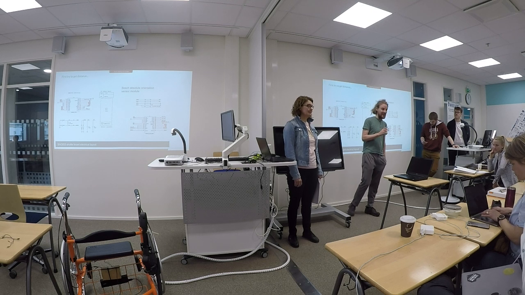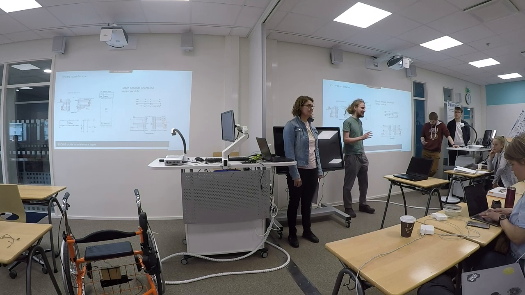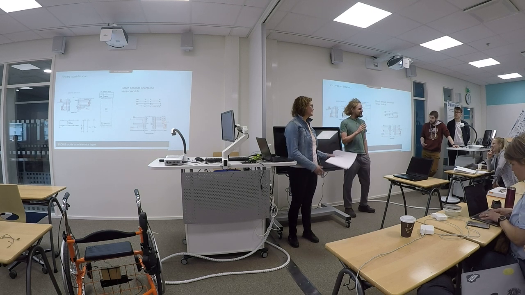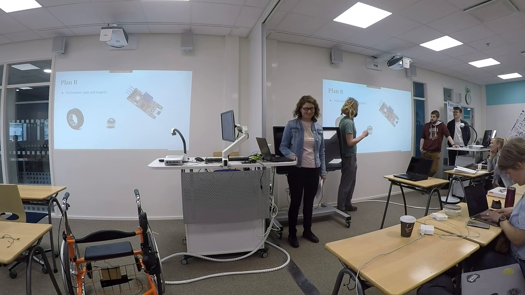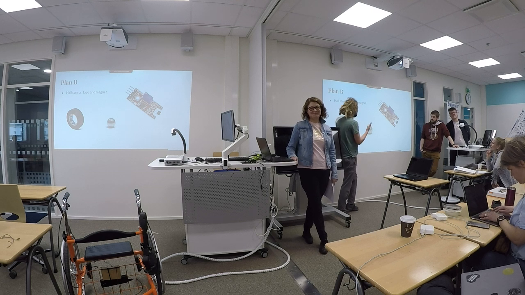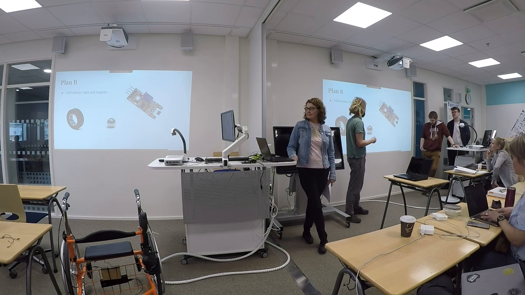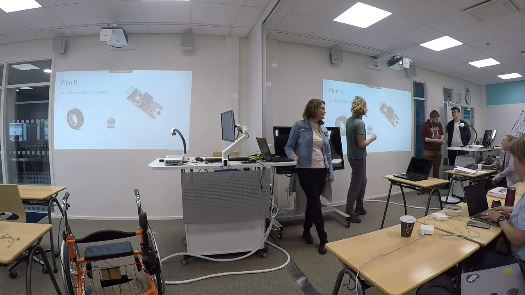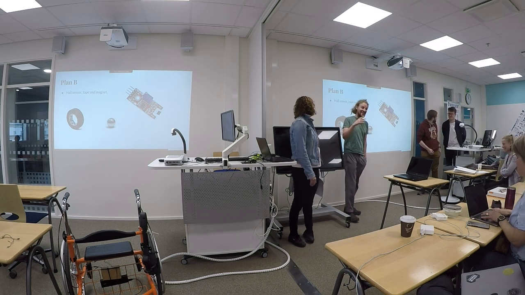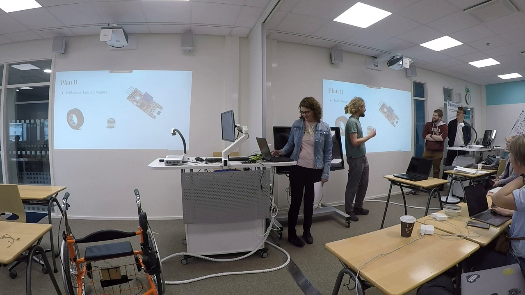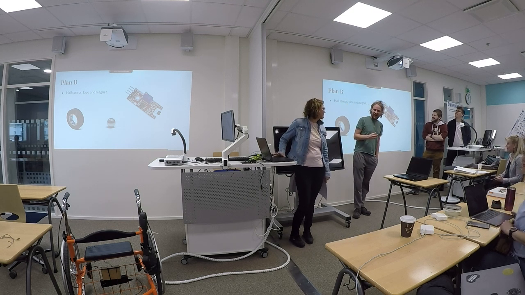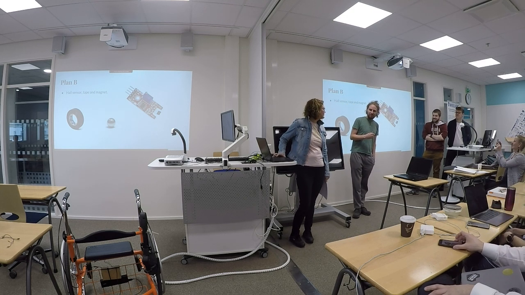So at the last moment we just changed it, and we used the easiest way to do it, just a house sensor or tape and a magnet, and it works. Good for the demo, yeah.